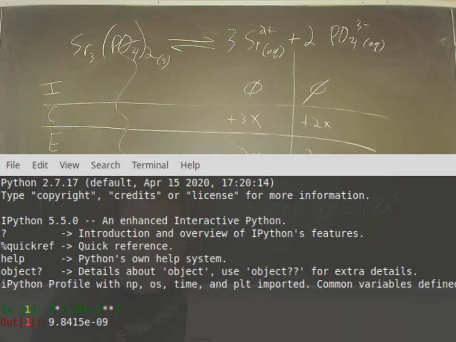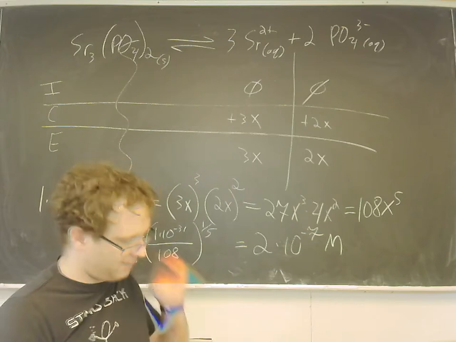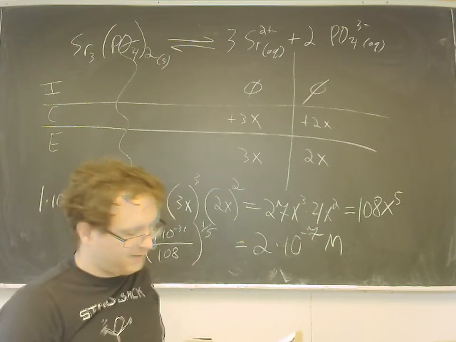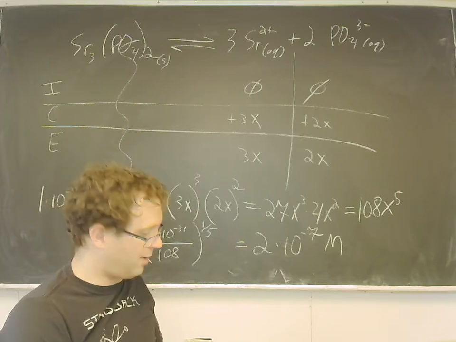We really only get one sig fig here, so I suppose it's going to be just plain 2. 2 times 10 to the negative 7th moles per liter. Okay, so a very tiny amount of our strontium phosphate dissolving in 1 liter of water.